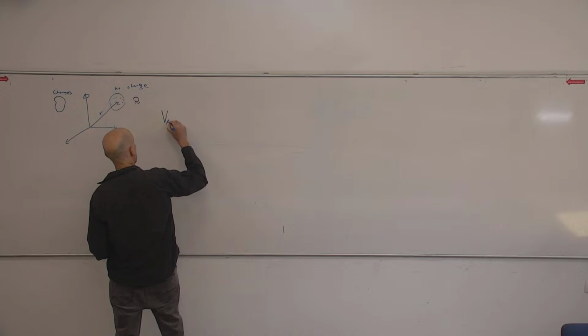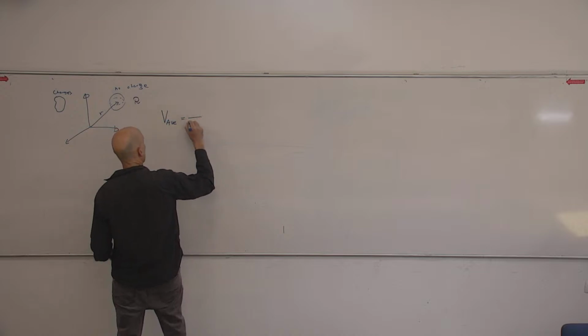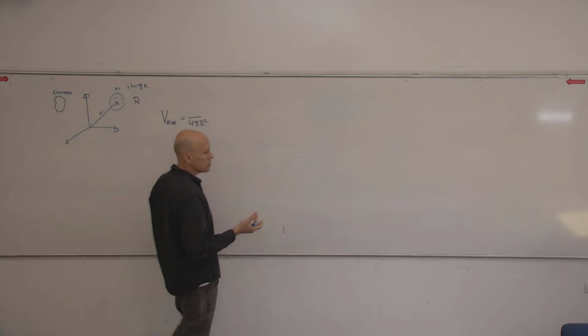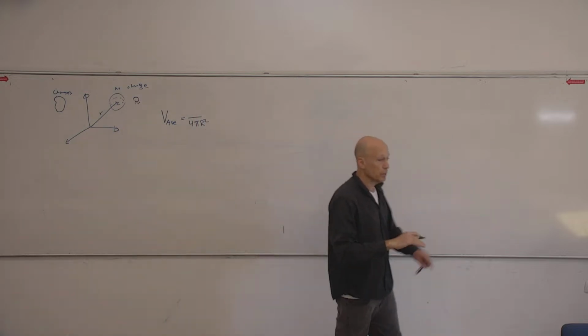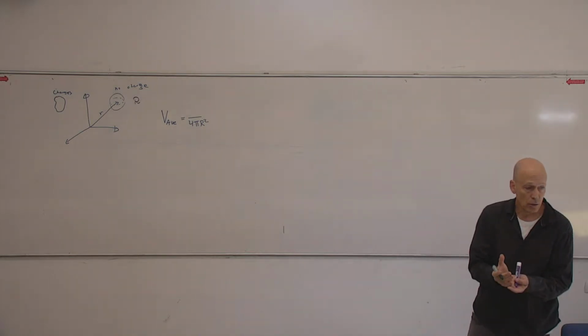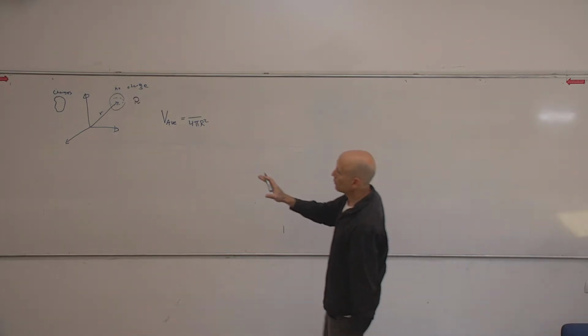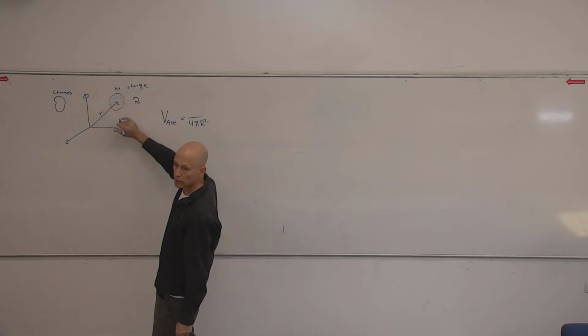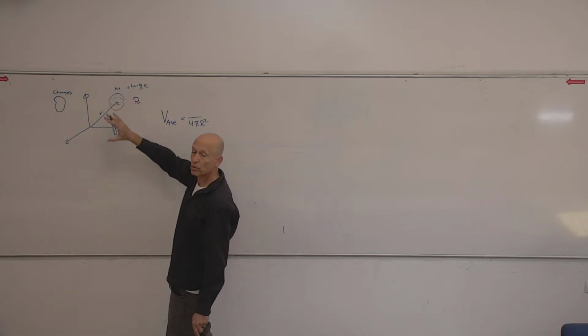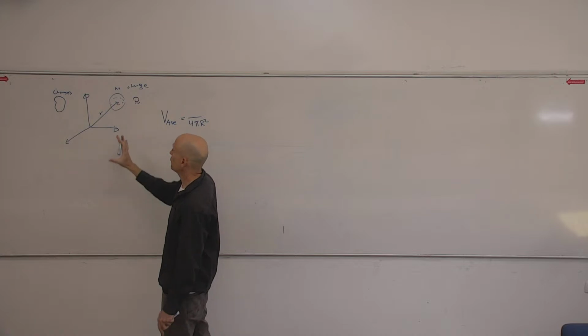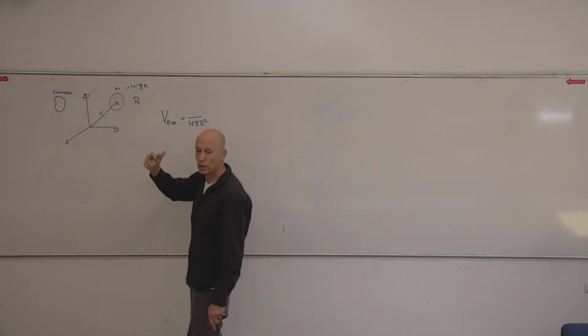What is the average now? It is 1 over 4 pi r squared. What is this object? You know this from high school? This is simply the surface of the sphere. So I'm going to average over the surface of a sphere. And when I average it, I need to divide by the surface in order to get a number.